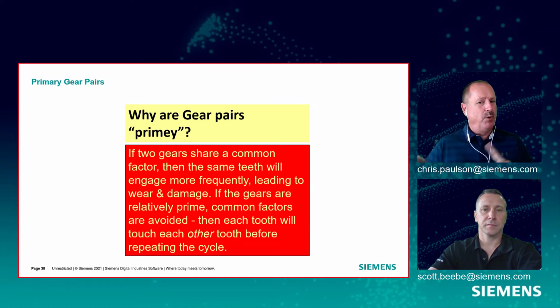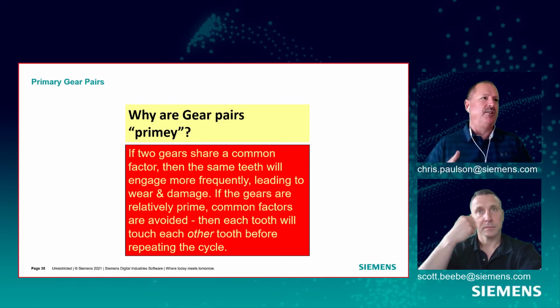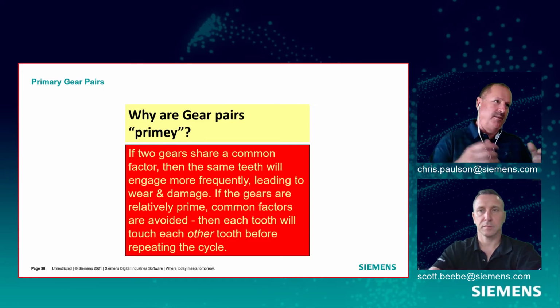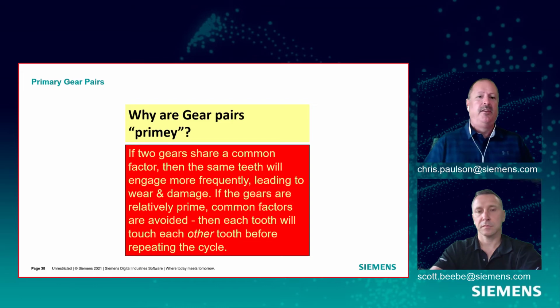But if they're both relatively prime and you can avoid common factors, then each tooth will have to touch every other tooth before it gets back around to hit the original tooth. That way you spread your wear out evenly between your gear teeth.